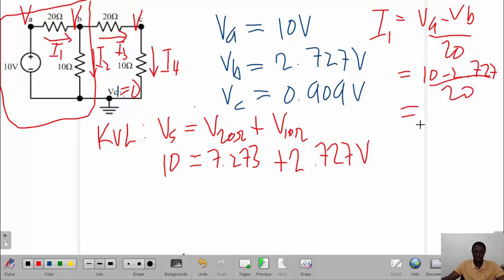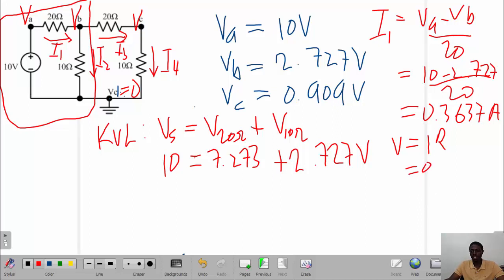That gives us the current to be equal to 0.3637 amps. And applying Ohm's law, V is equal to IR, we can then find the voltage across the 20 ohm resistor to be the current multiplied by the resistance, which is 20.